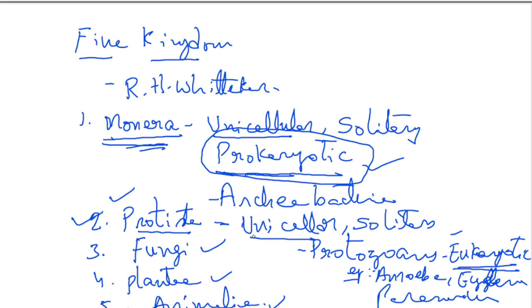And the third one is Fungi. You know that fungi, we generally cannot treat them as plants or animals, but they are special beings. So Whittaker classified those fungal forms into a special kingdom called Fungi.